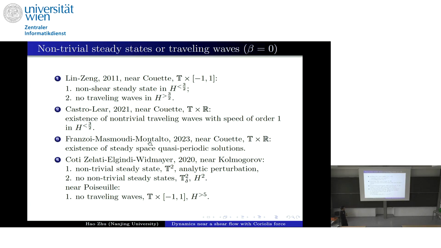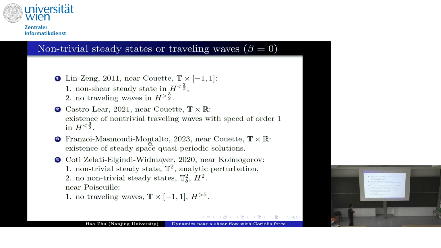And if they take the domain to be a rectangular torus, then things become different because the linear operator has no embedded eigenvalue in this case. And if the regularity is large enough, then they show that there are no non-trivial steady states.